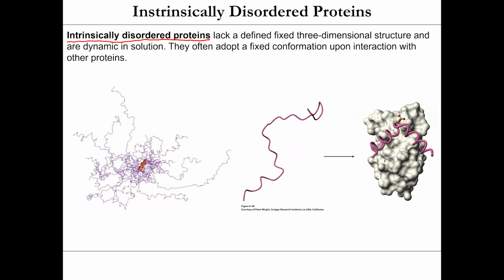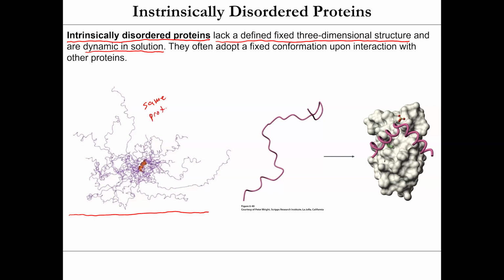They have functions in your cell, but they lack a defined, fixed, three-dimensional structure and are dynamic in solution. Here is a depiction, which I believe was determined via NMR, which we'll talk about later, of a protein. And you can see it adopts lots of different conformations.